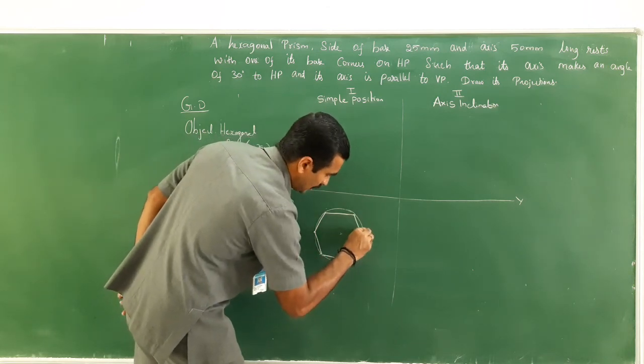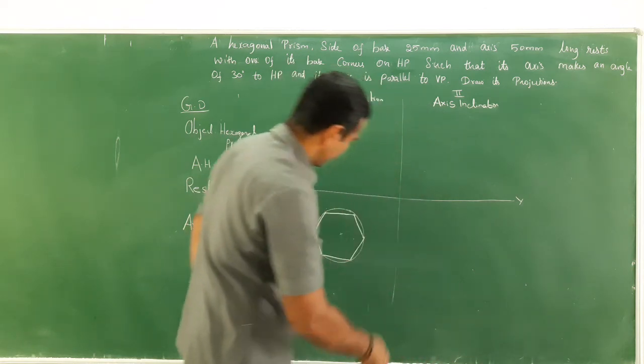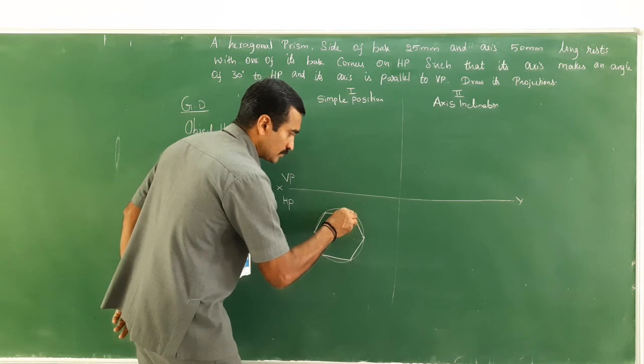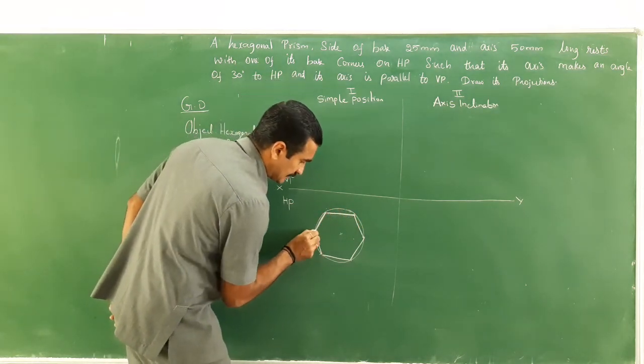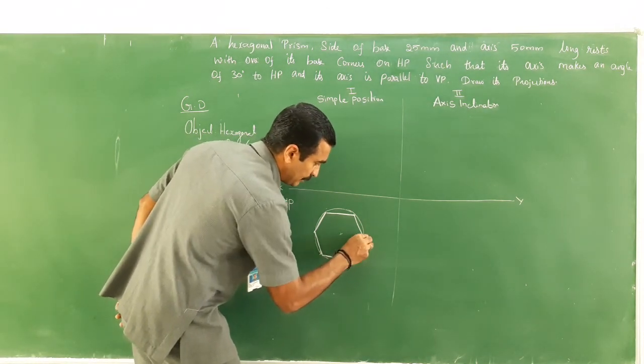By connecting all the corners, you will get the shape of the hexagon. So the circle should be very thin, and the object, here a hexagonal shape, should be drawn dark by using an HB pencil.